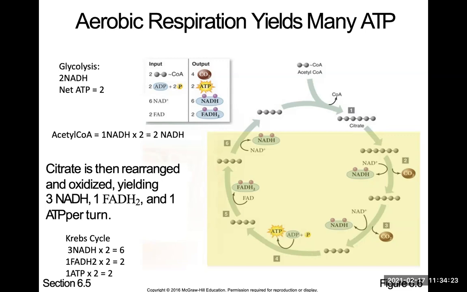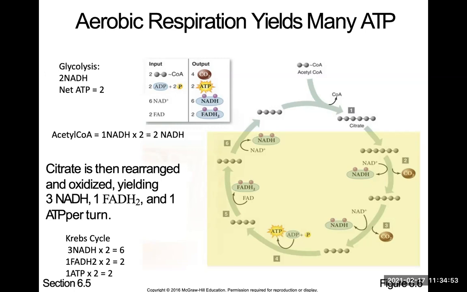Glycolysis, acetyl-CoA, Krebs cycle. Let's count it together. You got 2 here from glycolysis. You got 2 more from acetyl-CoA, 4. You got 6 from the total of the Krebs cycle. It happened twice. So how many does that make? 10. You get 10 NADH, and you get 2 FADH.